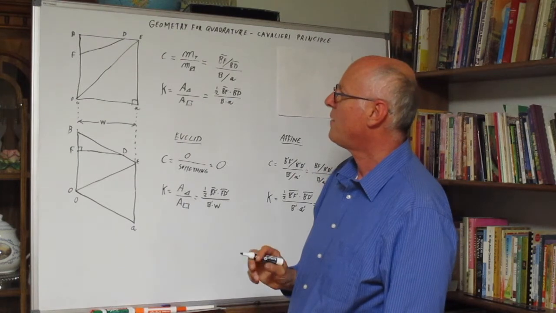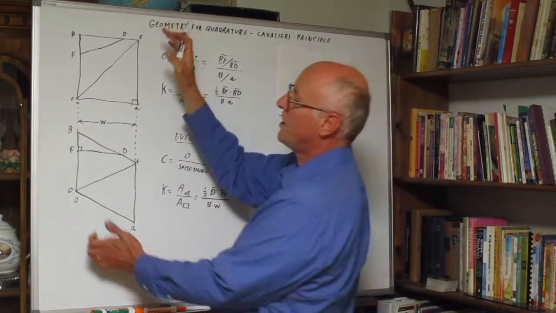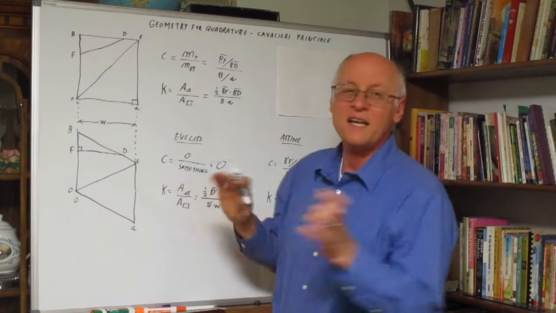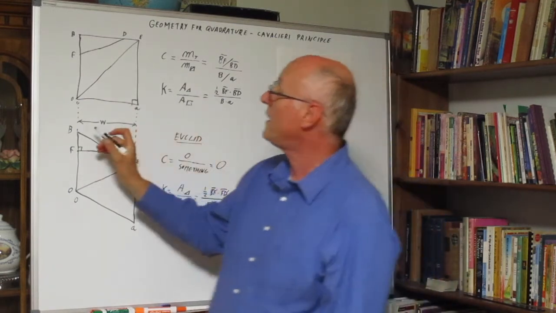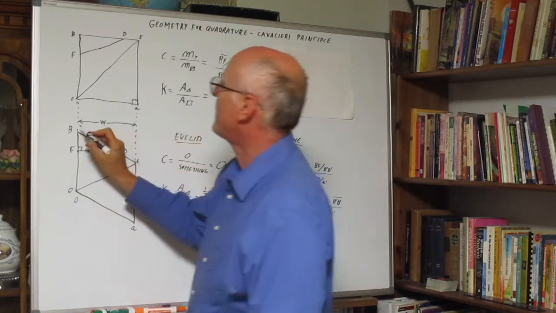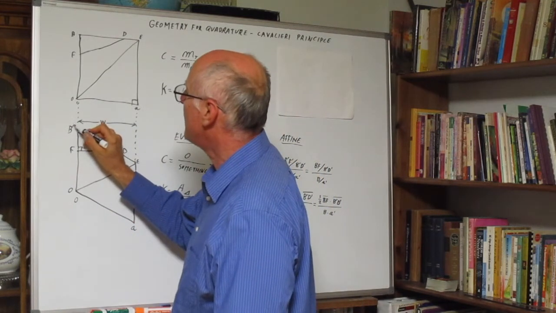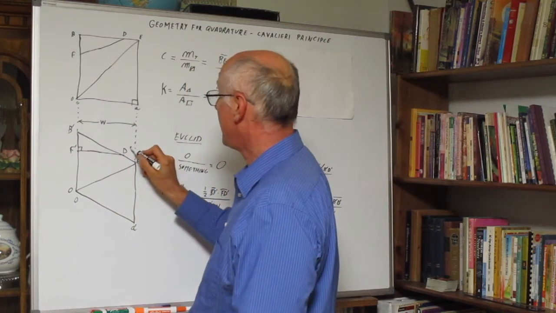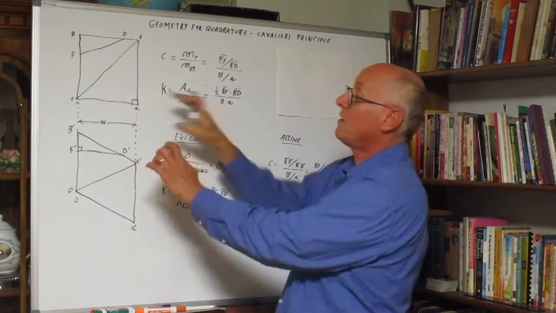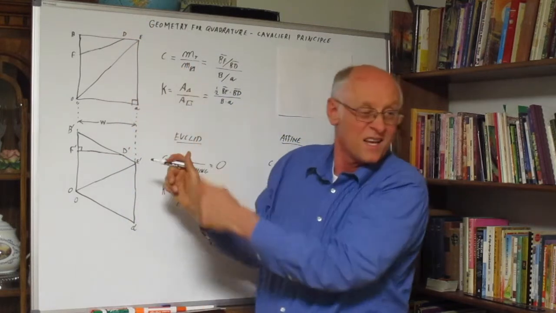We have to make one modification though. When we did the shift, things are not the same anymore from a Euclidean perspective. We really need to relabel things. We need to call this B prime, F prime, A prime, E prime, D prime. Do you see why? Because it's not the same thing as this, right?